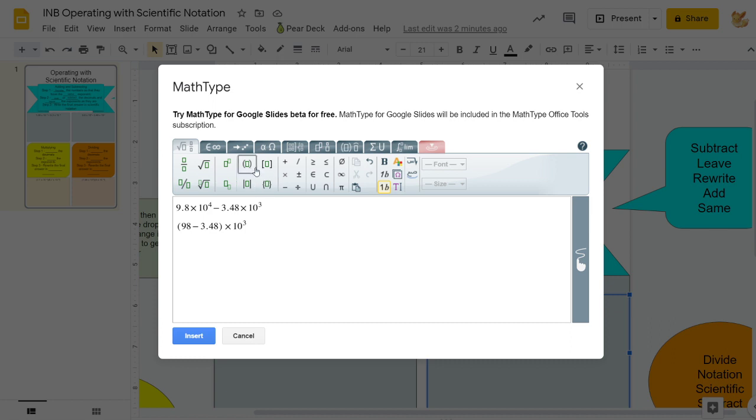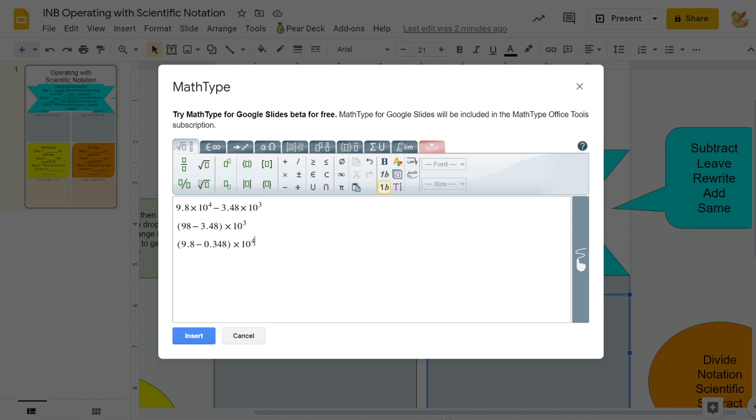Now, if we were doing the other way, where we're making this 3 a 4, we would move this one more to the left. So it would be 9.8 minus 0.348. And instead of a 3, this would be a 4. Both will give me the same answer.